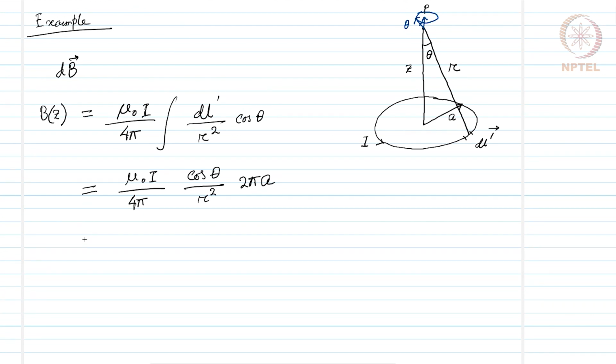In order to do that, we can write this as mu naught I over 4 pi a squared over a squared plus z squared power 3 by 2. We have used the relation of cos theta in terms of z and a and this curly r, and then this is the expression that we got for the magnetic field as a function of z.